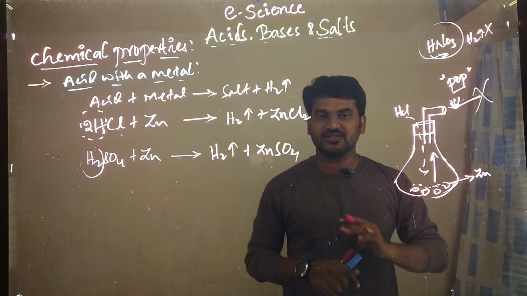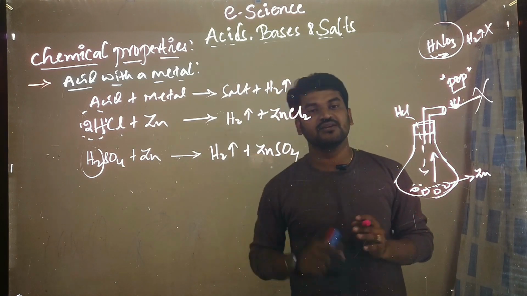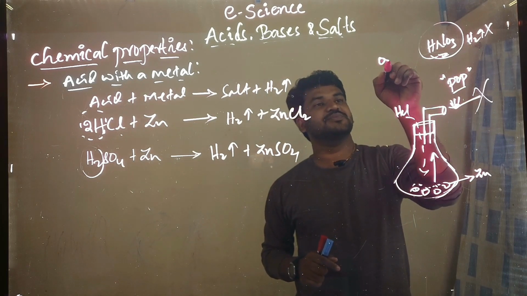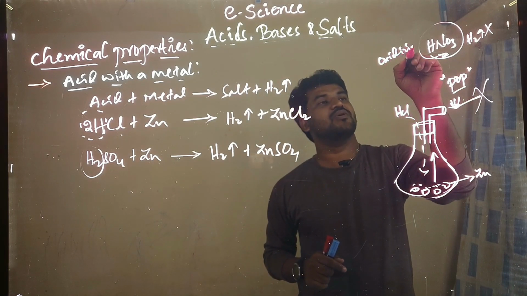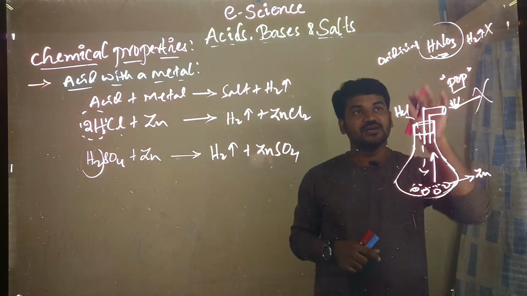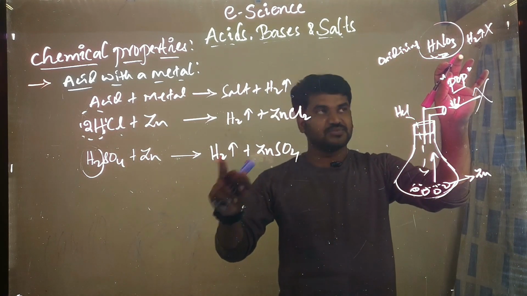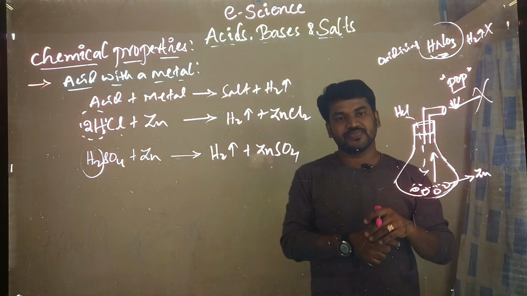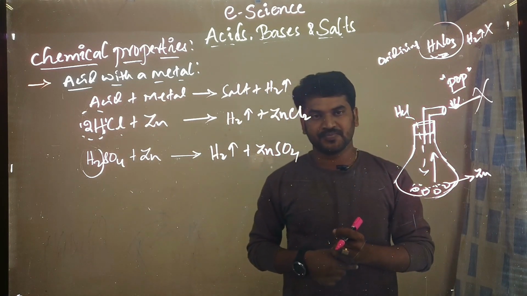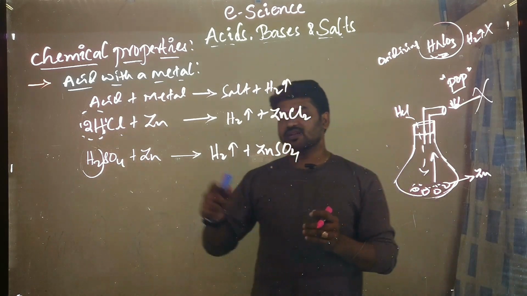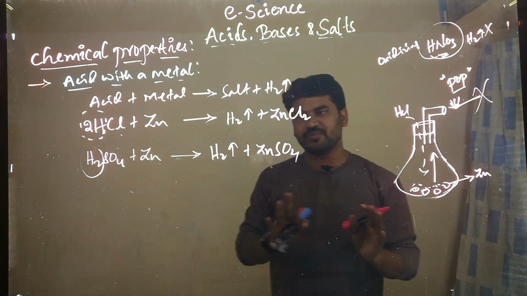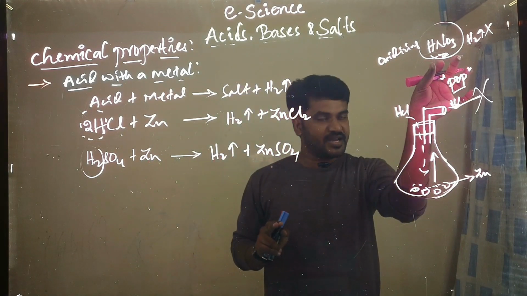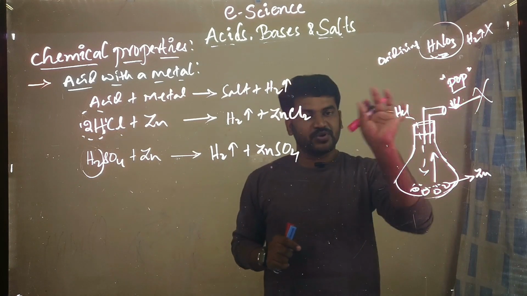That nitric acid is not going to release hydrogen gas because HNO3 is a very good oxidizing agent. The hydrogen that forms in the reaction is oxidized by the HNO3 and forms a water molecule. Just remember, generally whenever an acid reacts with a metal, it produces hydrogen gas.